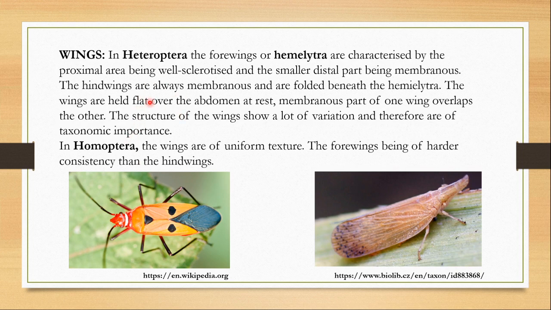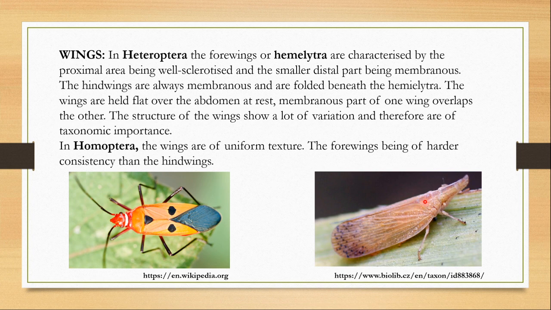According to the type of the wing, the order Hemiptera can be divided into two suborders. The first suborder is Heteroptera and the second suborder is Homoptera. In suborder Homoptera, the wings are of uniform texture. You can see that at the apical portion there are some dots, but the whole wing's texture is more or less the same.